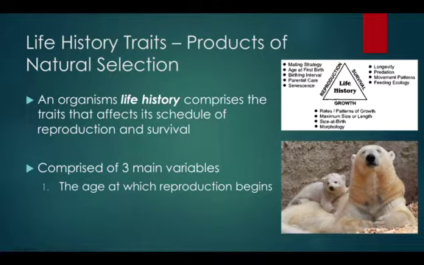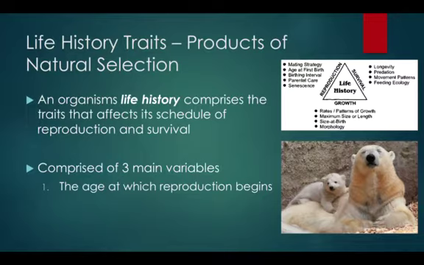It's comprised of three main variables. The first one is the age at which reproduction begins. So how early after being born can that organism start reproducing? For humans, that is going to be puberty. When women hit puberty and start menstruation, they become reproductive and can start having children.